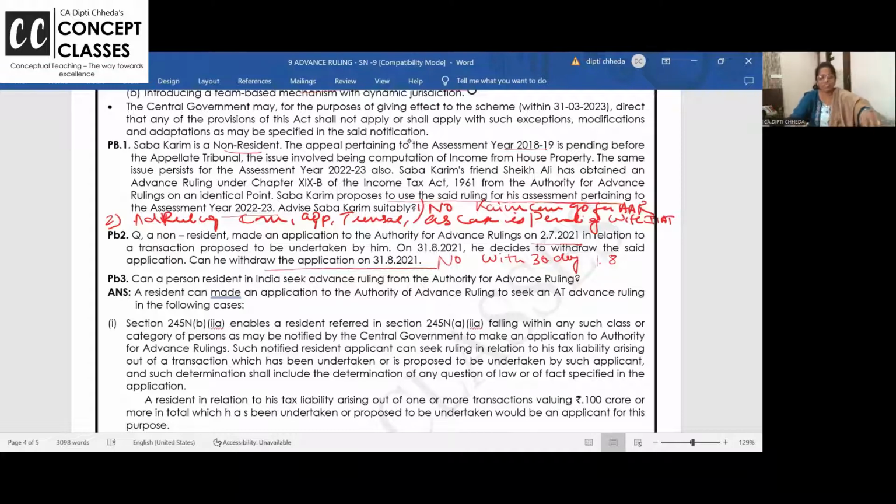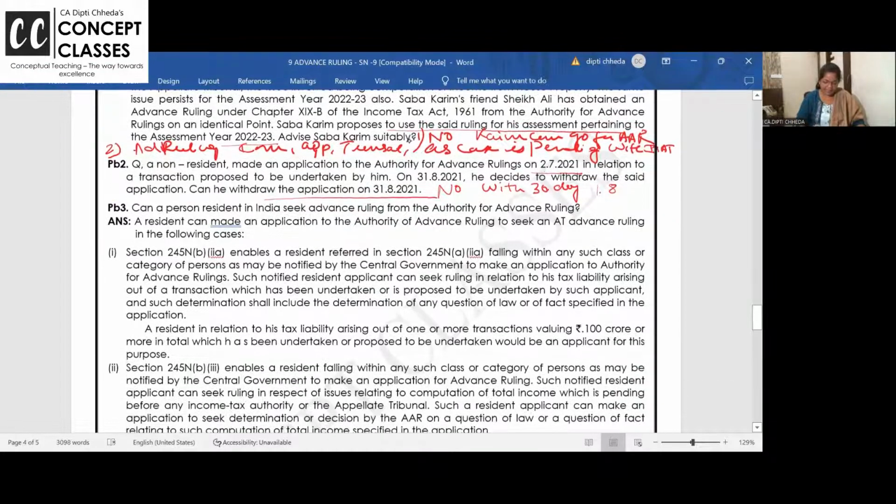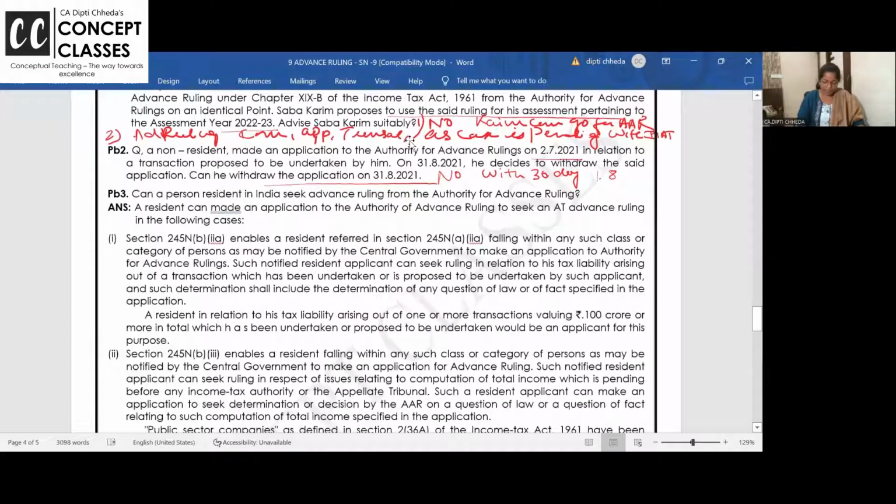See, such easy questions are asked, dear students. Very easy level of questions are asked. Next. Can a person resident in India seek advance ruling from the authority for advance ruling?